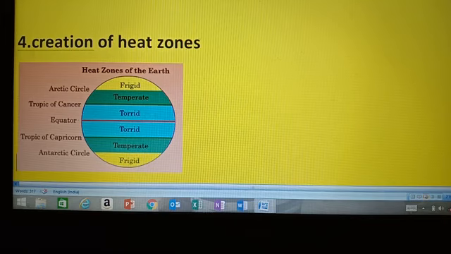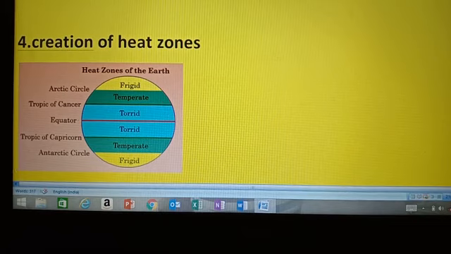There are 3 heat zones mainly, which are torrid zone, temperate zone and frigid zone. Torrid zone stretches from 23.5 degree north to 23.5 degrees south, and it receives vertical rays, and here the climate is very warm. Then comes the temperate zone.